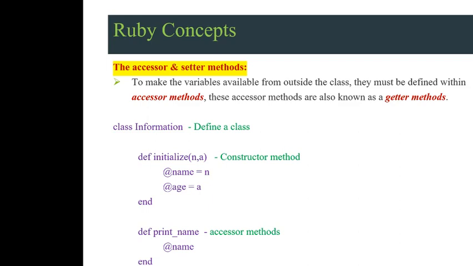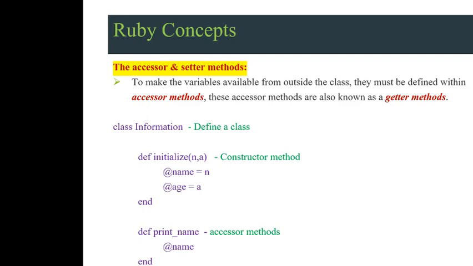The whole purpose of these getter and setter methods is to make these variables, or the values, accessible from outside the class directly. And this is the way I can define it. So I have this class information. I have these two, initialize, and here print name, and I am returning only @name.